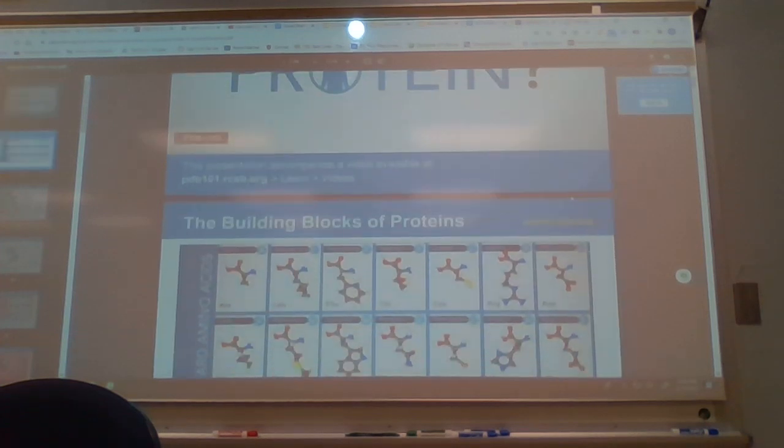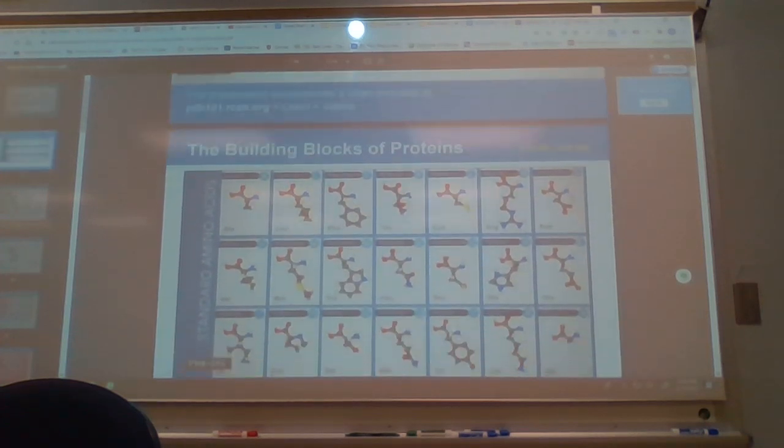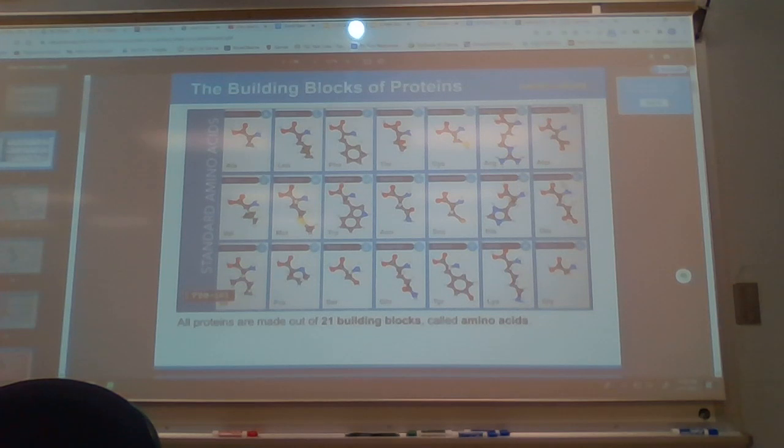All right, so first question says, what is the building block or monomer of proteins? Those are called amino acids. So if you remember that term amino acids, hopefully from last semester. There's 21 different amino acids out there that we can use to build proteins.